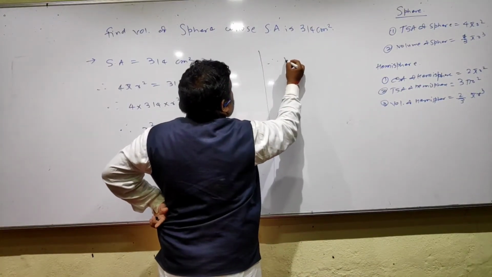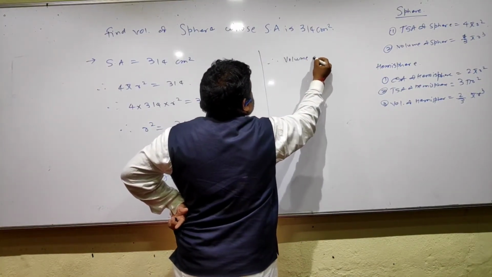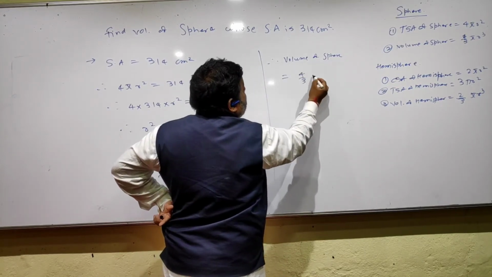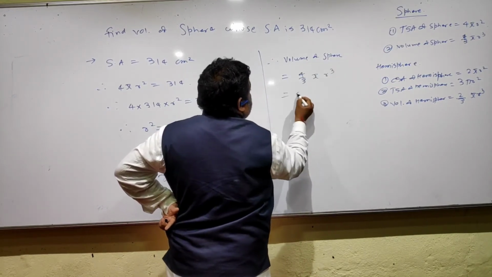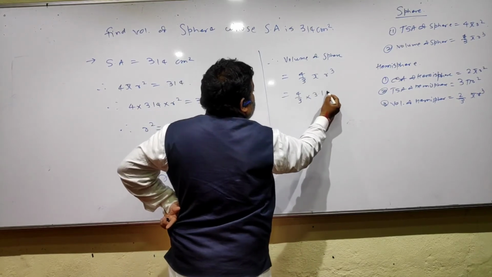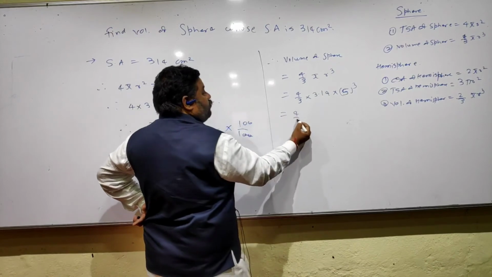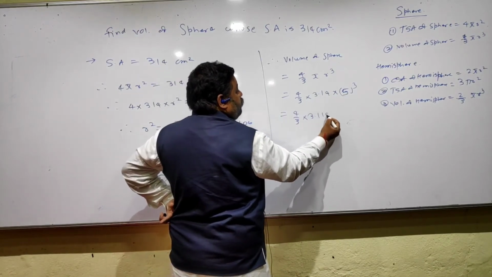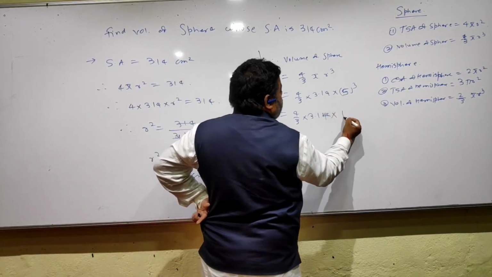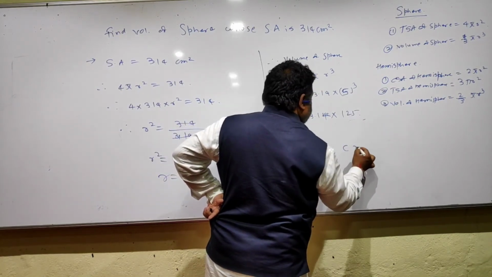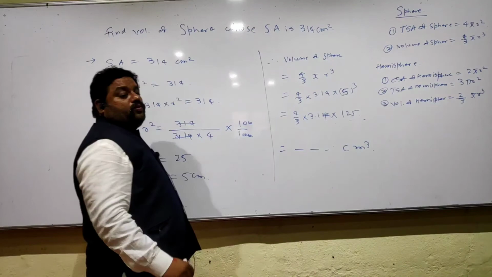Hence volume of a sphere will be equal to 4 by 3 pi into r cube. So 4 by 3 into 3.14 into 5 cube, that is 4 by 3 into 3.14 into 125 cm cube, whatever may be the volume.